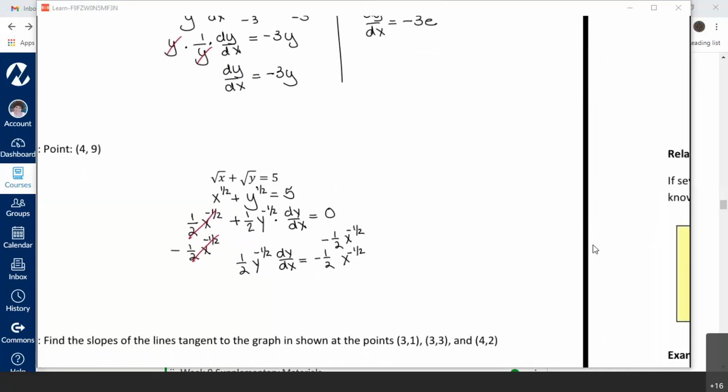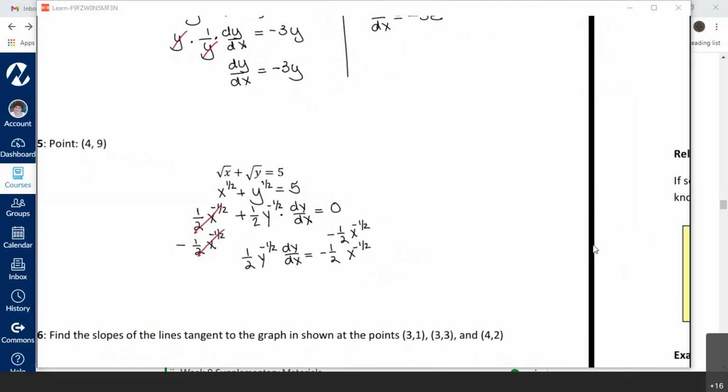Okay, so that's the first algebra step. The second algebra step requires that I divide both sides by 1/2 y to the minus 1/2, right? Because I want to get rid of that. Okay, now you can think of doing it like that.